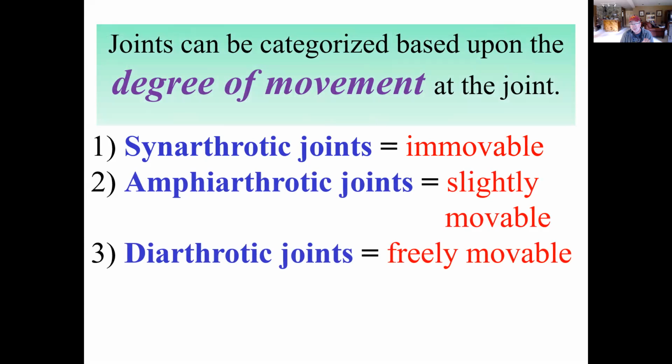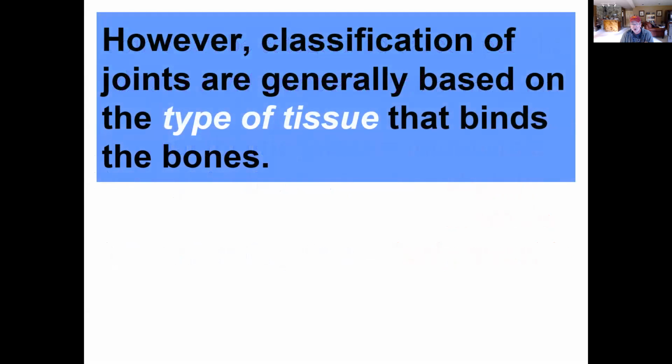So I'd like you to know these terms, be familiar with what they refer to, because we will be using these functional terms as we begin to approach and look at the different structural types of joints, which is really the approach that most textbooks use. Your lab manual as well generally defines joints based on structure.